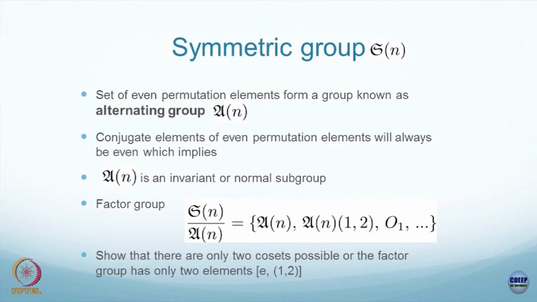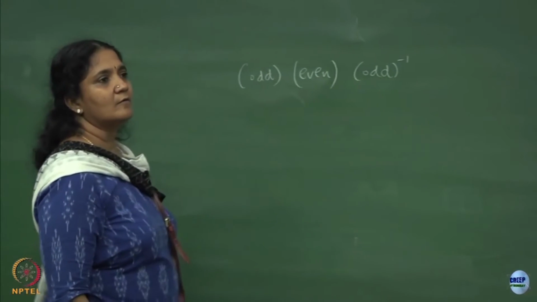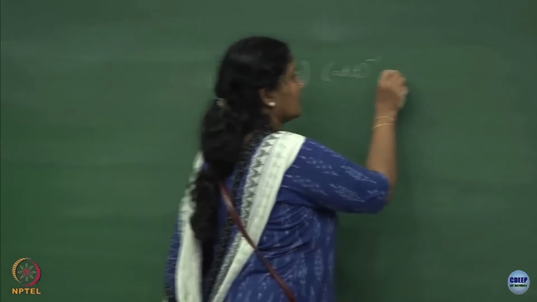So, clearly if you do conjugation with even permutation elements, so suppose you take, let me call it an even permutation element, some kind of even element here. If you put an odd element here and the inverse of that odd element, what do you expect?